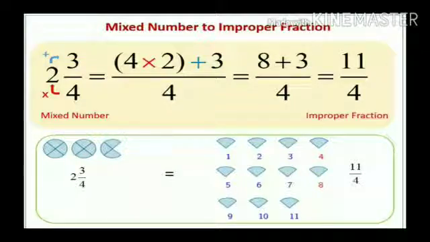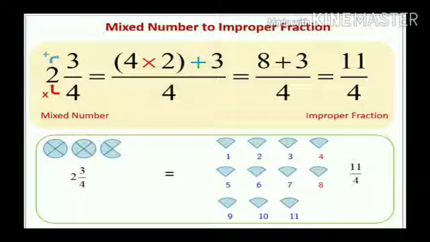So 4 multiplied by 2, then add 3, and you take the denominator as common, which is the same as in the mixed fraction. Now after solving 4 into 2, you get 8, and then add 3, which is the numerator, upon 4. After adding 8 and 3, you get 11 upon 4. So this is the final answer, which is an improper fraction.